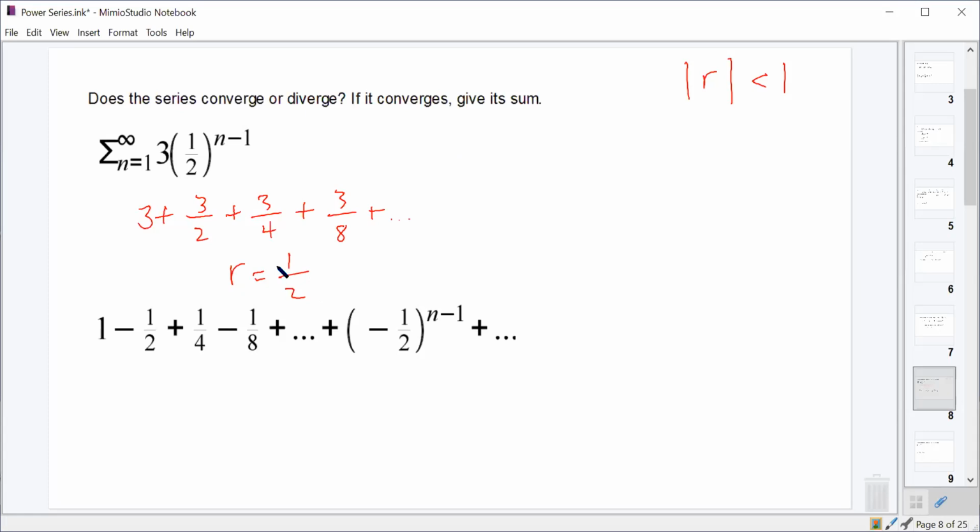And so we should be able very easily to figure out what the sum of this series is. This series should be equal to A over 1 minus R. And what did A represent?